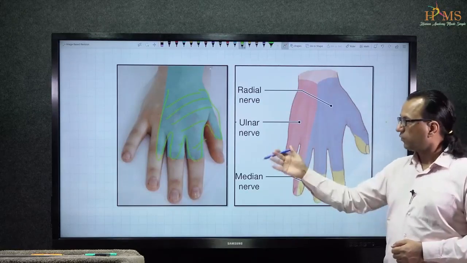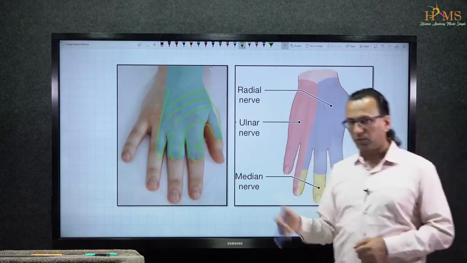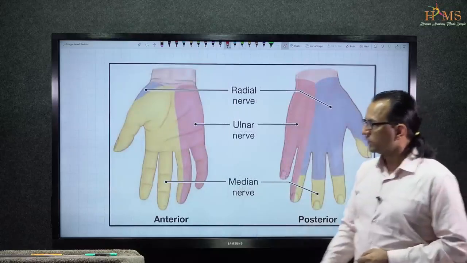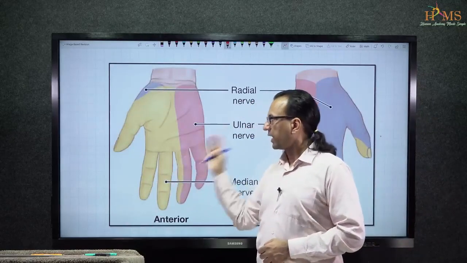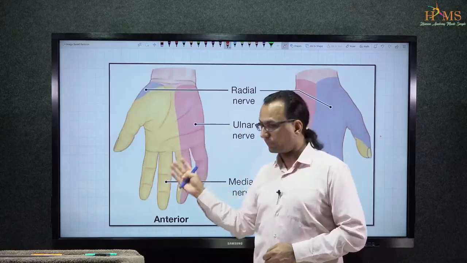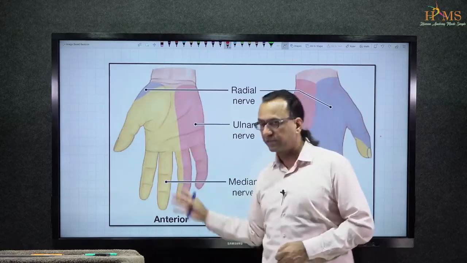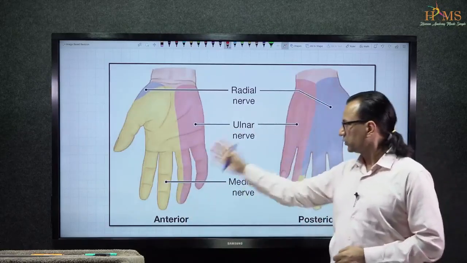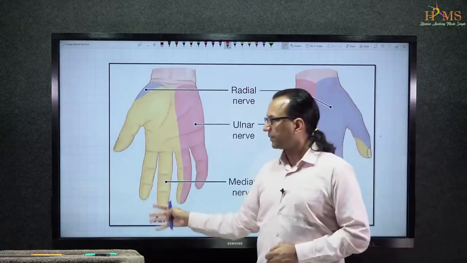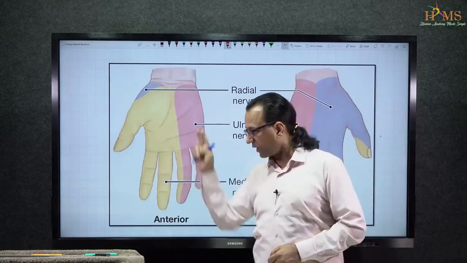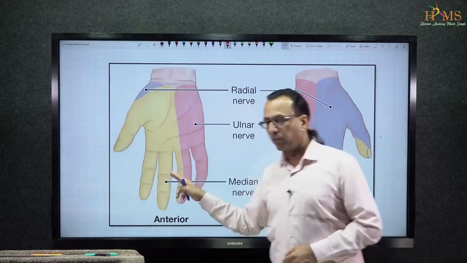Let us look at the ventral aspect as well. So here, as we can make out, 3.5 fingers anteriorly will be the median nerve and 1.5 fingers anteriorly will be the ulnar nerve. The ulnar nerve not only supplies 1.5 fingers anteriorly but also posteriorly. So that will be the ulnar nerve in both places. But when you say the median nerve supplies 3.5 fingers anteriorly, it also encroaches upon the nail bed posteriorly.